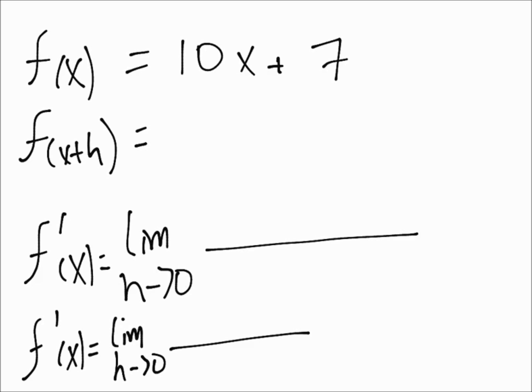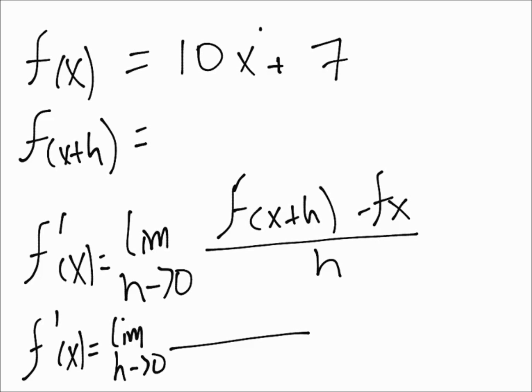So this is the case in which we had our x plus or minus a constant. In this case, I added a constant here too, so you can see how it's solved using the instantaneous rate of change equation. The first thing we wanted to do was find the f(x plus h), because our formula was f(x plus h) minus f(x) over h, in which the limit as h approaches 0.